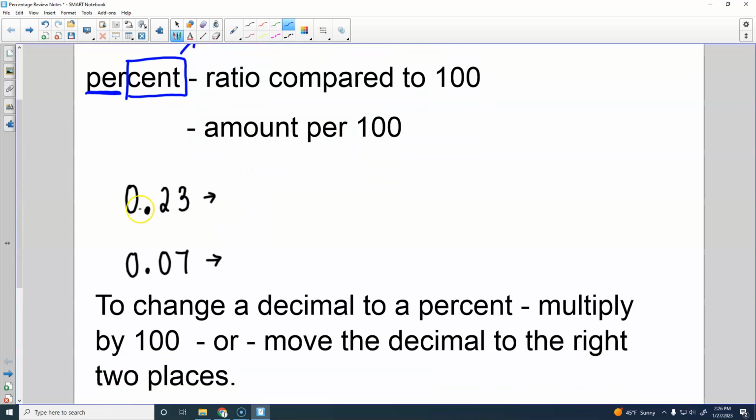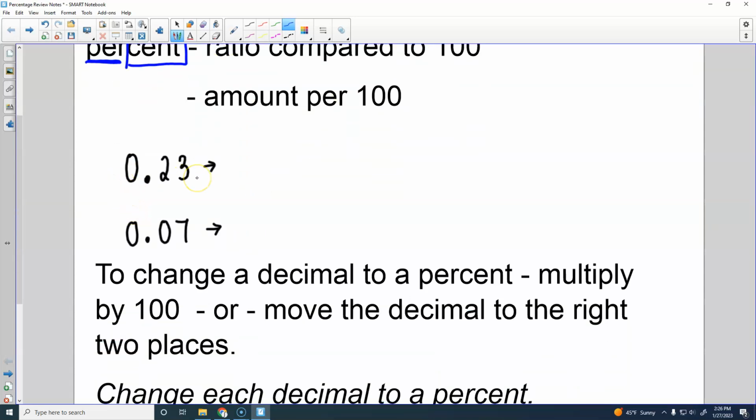So, decimals, percents, and fractions are all related. So, to change a decimal to a percent, you multiply by 100, okay? But multiplying by 100 just moves the decimal 2 places to the right.